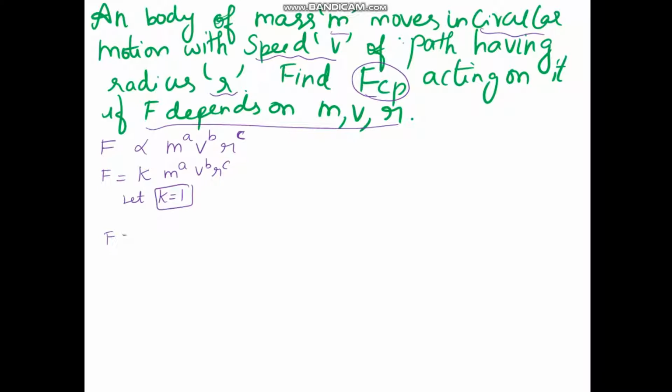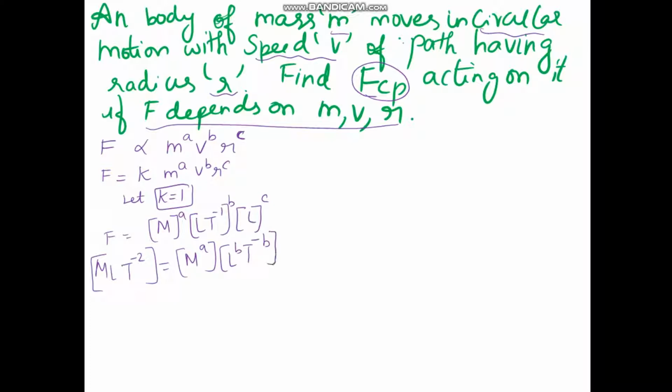So F is equal to mass, whose dimensional formula is M power a, velocity, whose dimensional formula is L t power minus 1, power b, and radius, whose dimensional formula is L power c. The dimensional formula for force is M L t power minus 2, that is equal to M power a into L power b t power minus b into L power c.